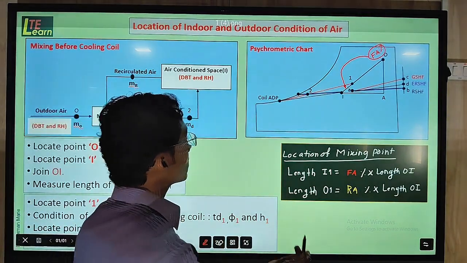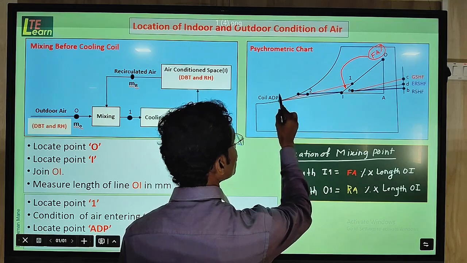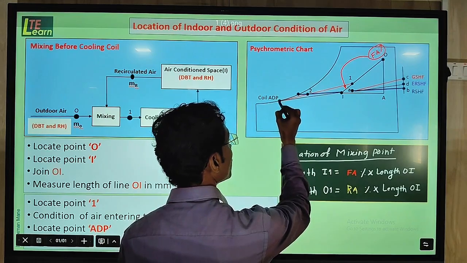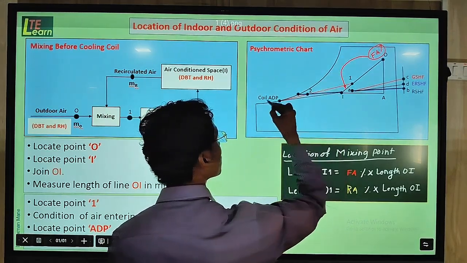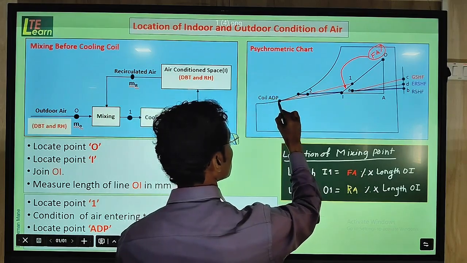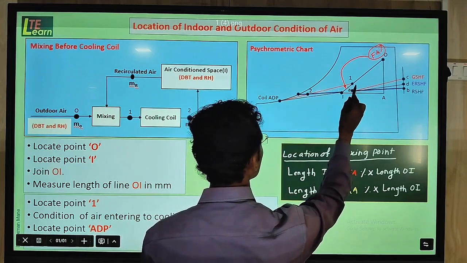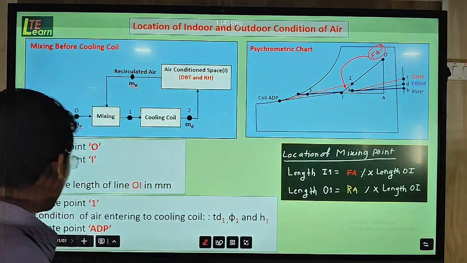After that, in the given data, ADP means apparatus dew point, that is the coil surface temperature. That point we locate on the psychrometric chart, on this saturation curve. When we have located this ADP, we join this line from 1 to ADP.